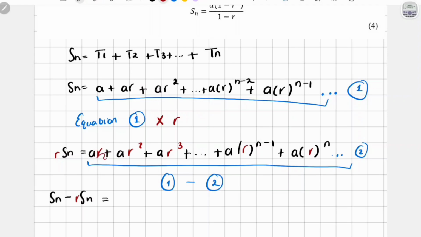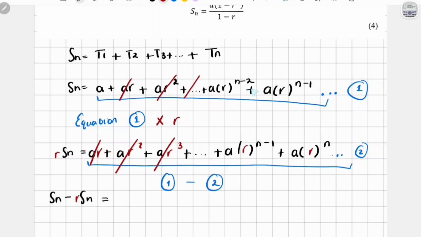We have an AR here, so it means that this AR would cancel with this AR when you subtract equation 2 from equation 1. Then you see we have AR squared. AR squared would cancel with this AR squared when you subtract. Then you have an AR cubed here, after this AR squared, that would have cancelled with this AR cubed.